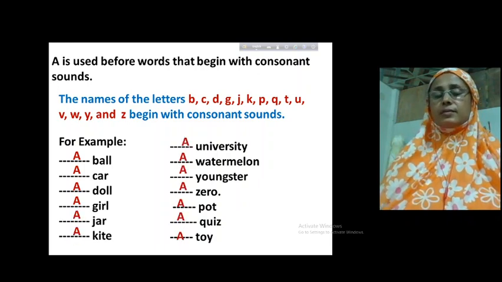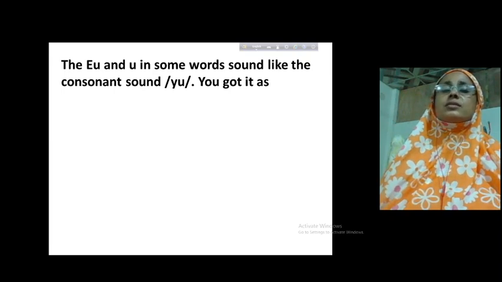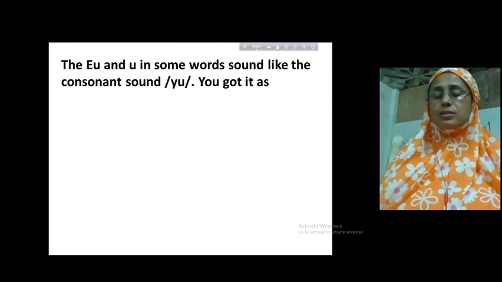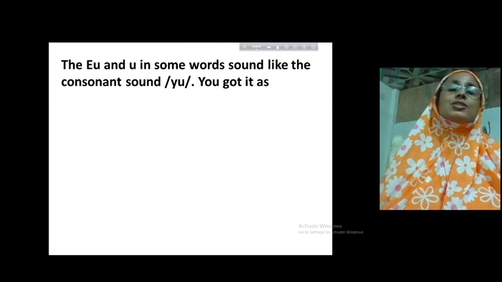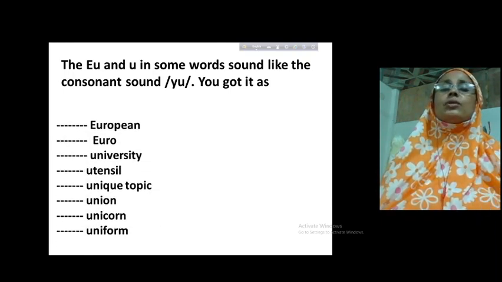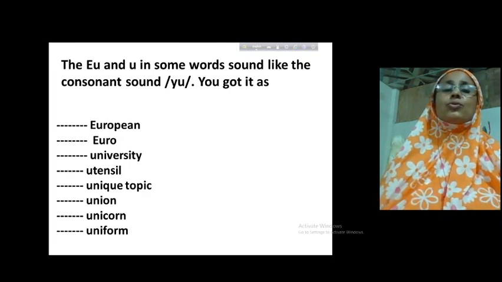Okay, great. Thank you. And the EU and U in some words sound like the consonant sound Y. Though it starts with a vowel letter, the sound is like the consonant sound Y. For example, European, Euro, university, utensil, unit, union, unicorn, uniform.